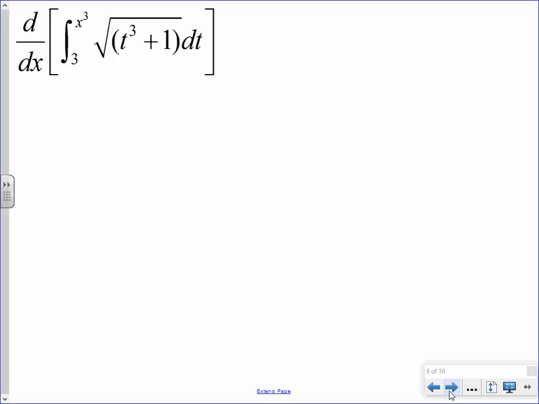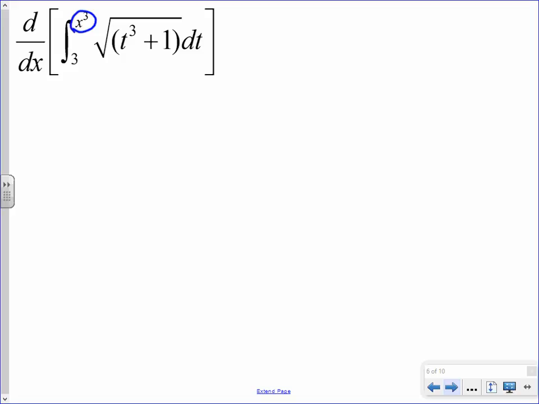We have x cubed. So we have a function inside of our limit of integration. What do we typically do when we take derivatives and we have a function inside of something? What rule do we use? Chain rule. Okay?